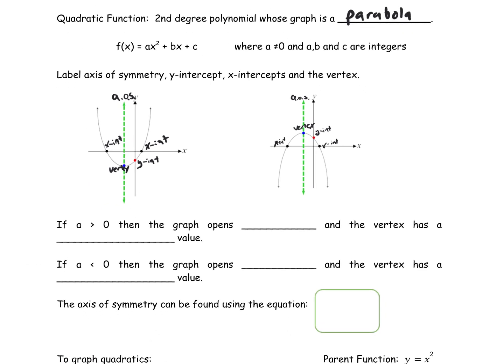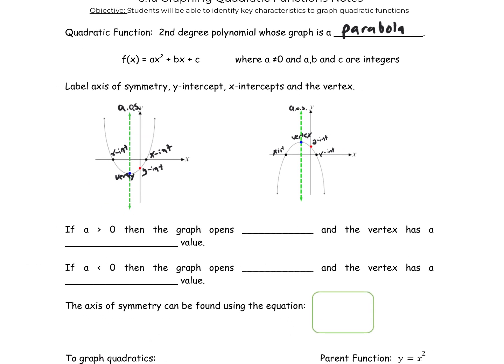All right, so if a is greater than 0, the graph opens upward, and the vertex has a minimum value. If a is less than 0, so if our a is negative, the parabola is going to open downward, and the vertex has a maximum value.